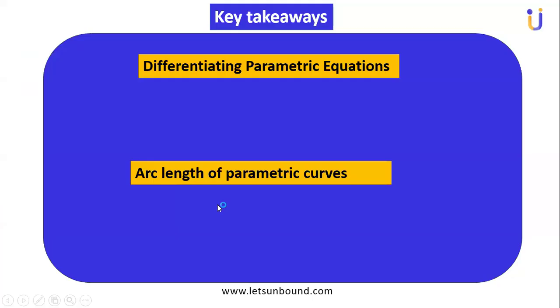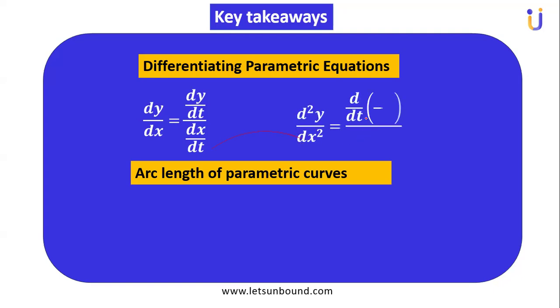Right, that's it. We covered everything. We are into the key takeaways. Differentiating a parametric equation is very simple. X will be defined separately, and Y separately. First differentiation is dy by dt over dx by dt. For the second differentiation, the denominator stays as it is, but the numerator will be d by dt of dy by dx.